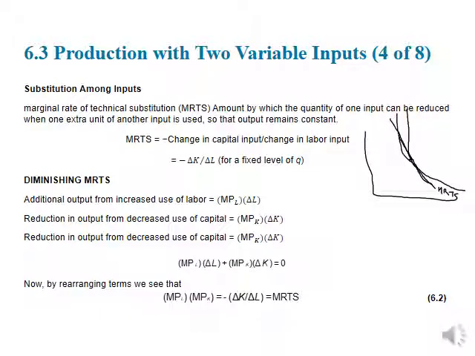This is the isoquant for Q naught. Graphically, the MRTS, the marginal rate of technical substitution, is the slope of the isoquant. And again, as labor rises, put labor here on this x-axis, as labor rises, the marginal rate of technical substitution falls, and so the isoquant flattens.